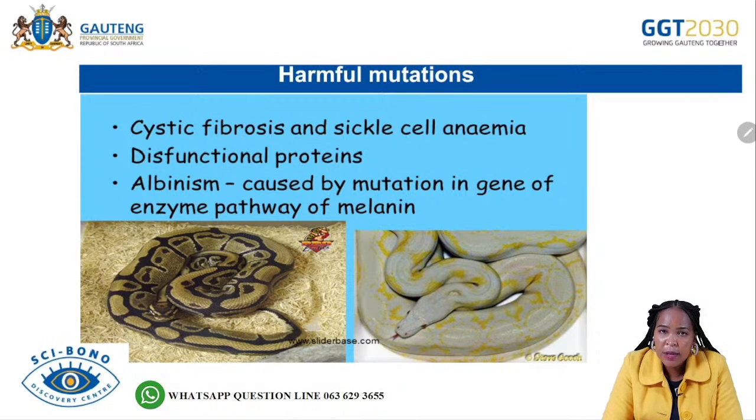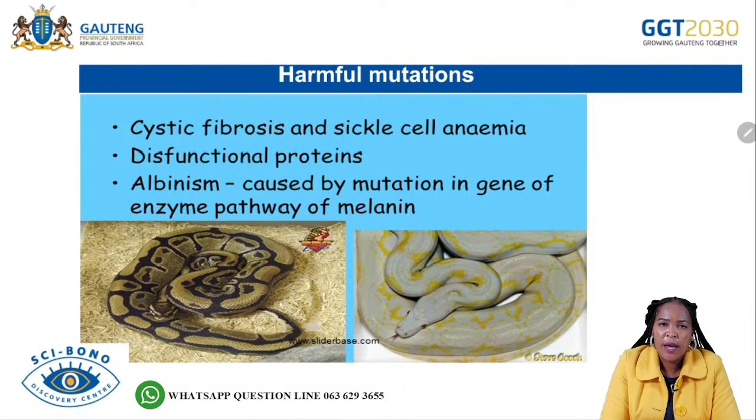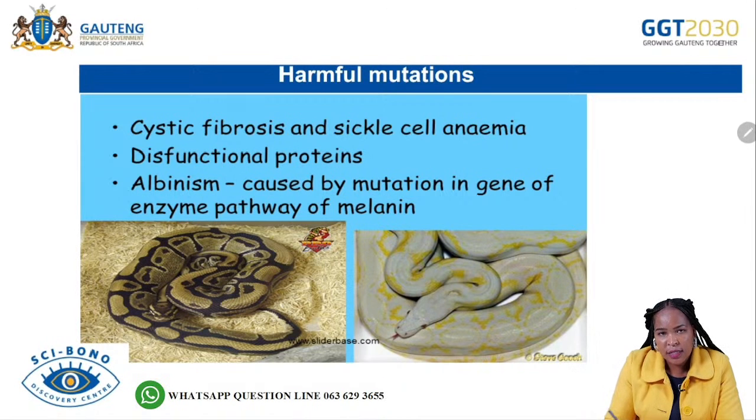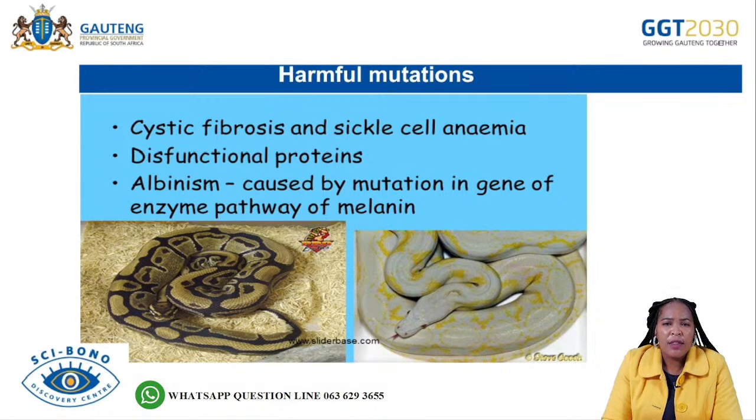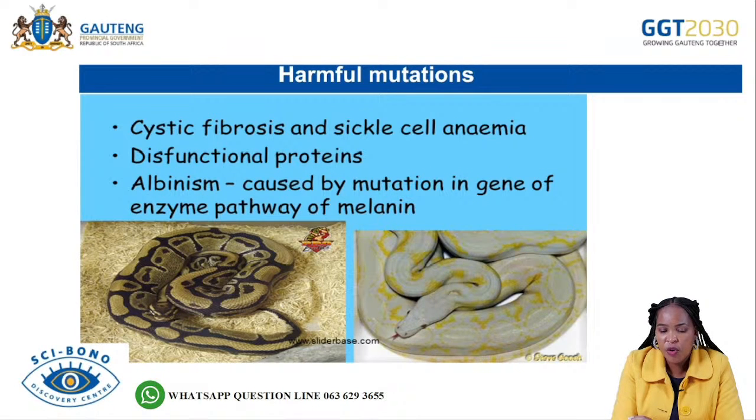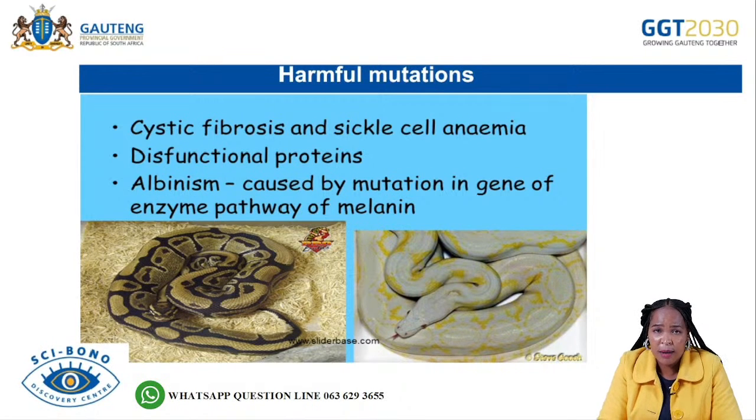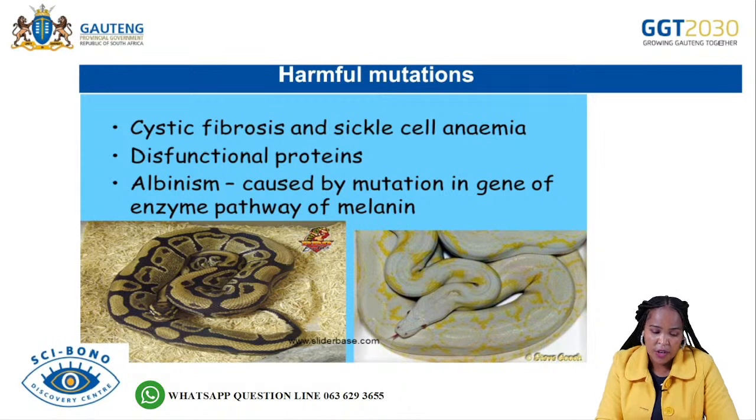And sickle cell anemia is the disease where the red blood cells are in a sickle shape. The disadvantage thereof is that the person would have restricted blood flow or oxygen, because you know the red blood cells transport oxygenated blood. So your organs may suffer if your cells are sickle shaped, like a sickle, you know, that C. So that disease comes from mutation, and it can be very harmful.